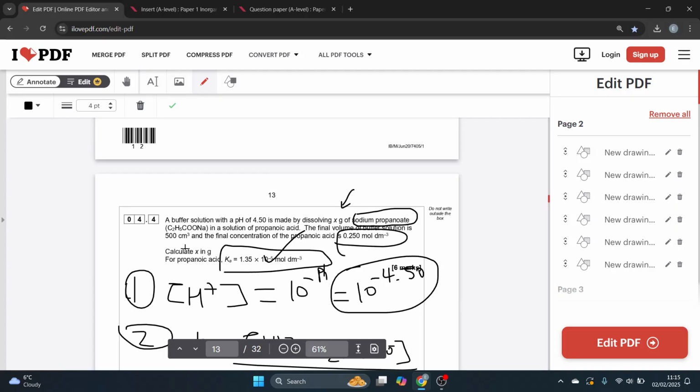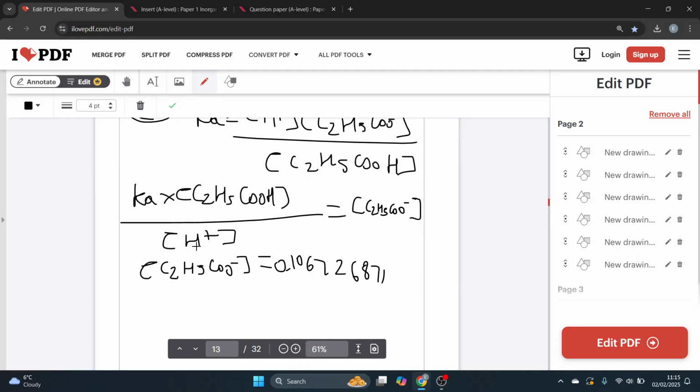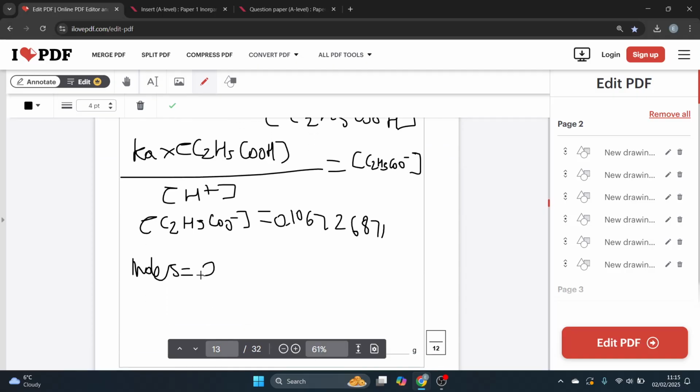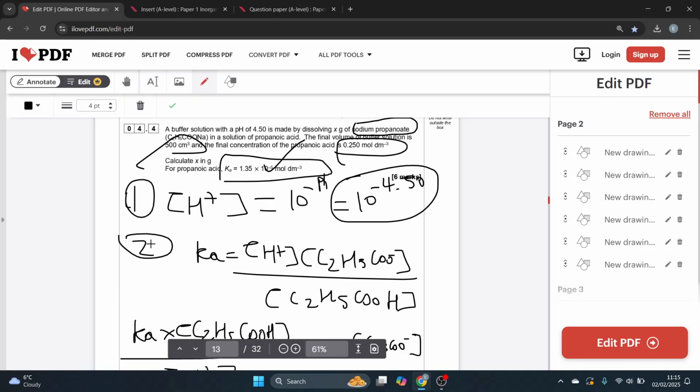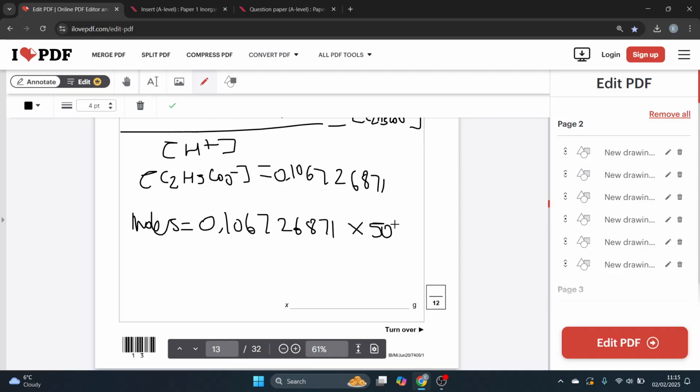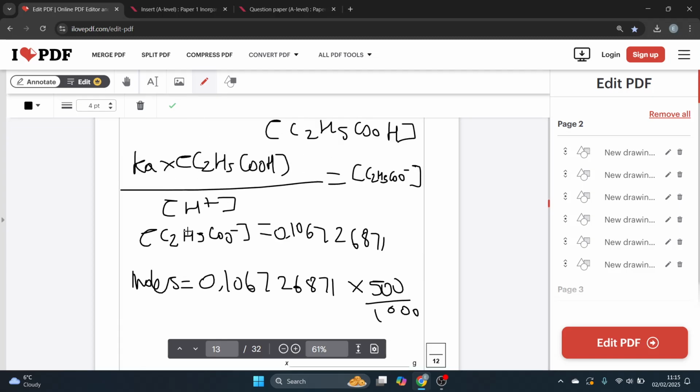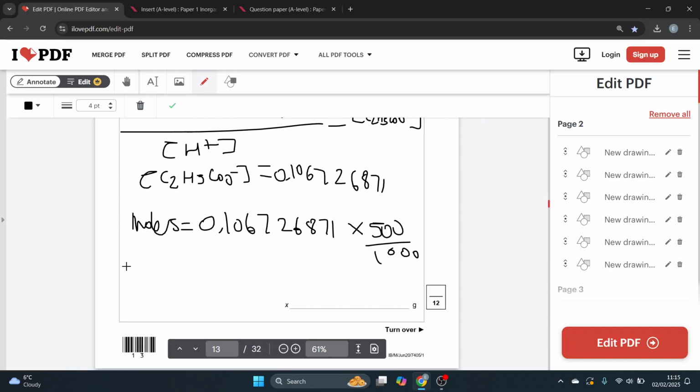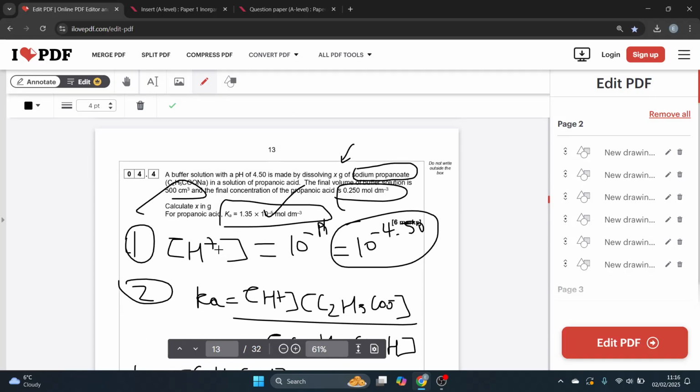But I want the mass of it. So what I need to do now is, I know this concentration, I can find the moles. Moles is the concentration, 0.106726871, times the volume. Final volume is 500 centimetres cubed, so 500 divided by 1000. I get the moles, and then I know moles is mass over Mr. Therefore, the mass is going to be my moles, my answer in my calculator, times the Mr of sodium propanoate.